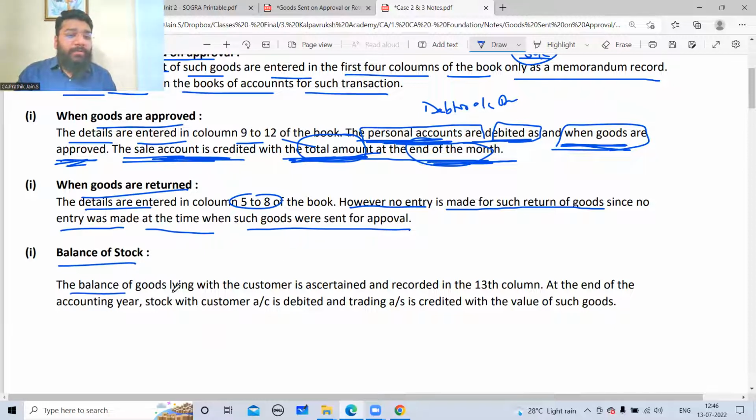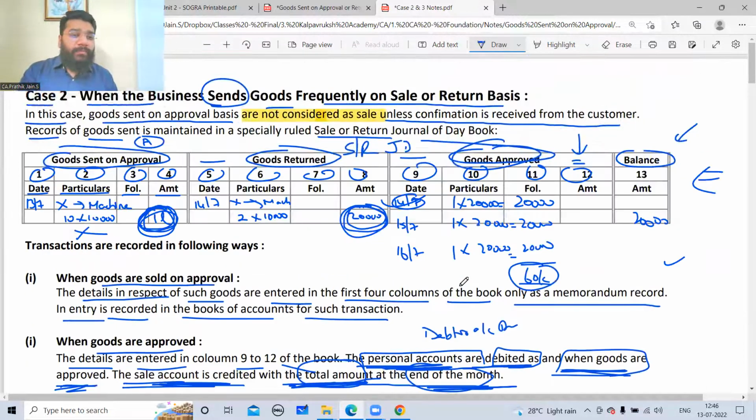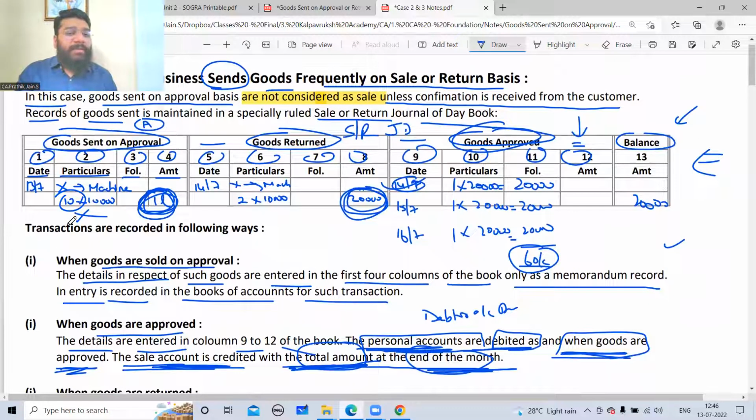Balance of stock. The balance of the goods lying with customer is ascertained and recorded in 13th column. 10 machines sent. In that, 2 is being returned. So we took 20,000, is it?